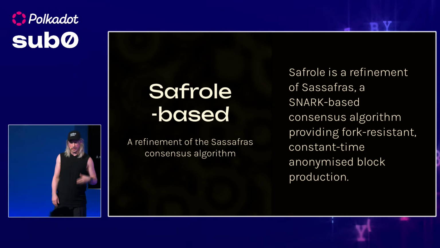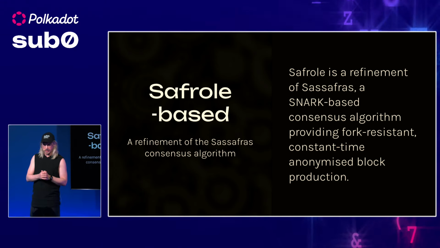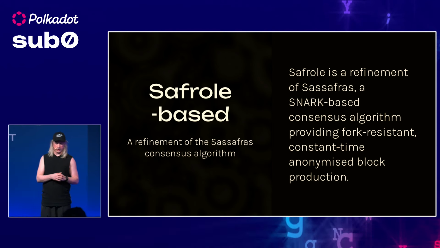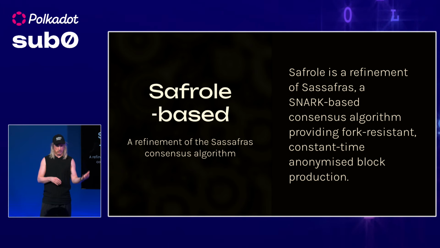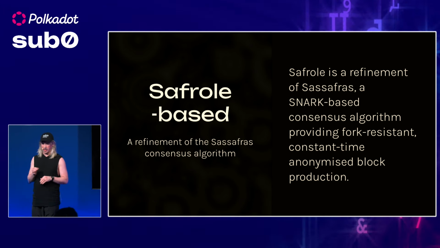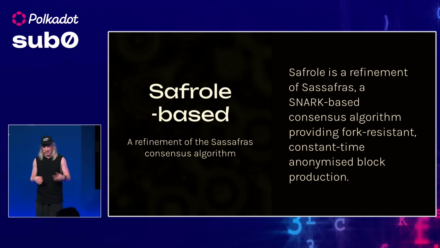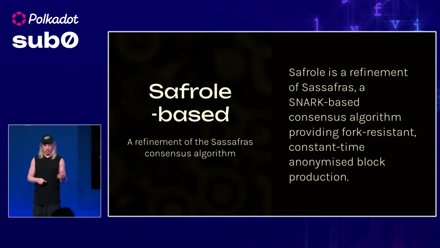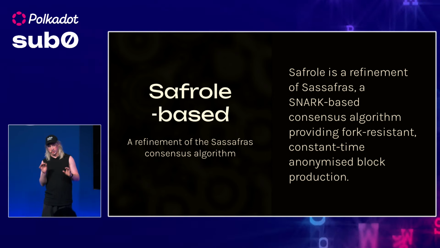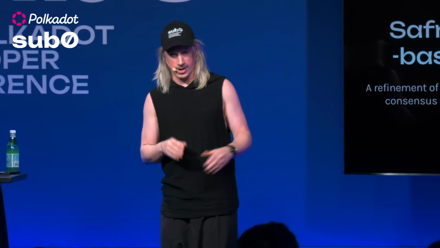For those who don't know, it's a snark-based consensus algorithm, a snark-based block production algorithm specifically. It uses snark specifically for their anonymity features, and it delivers constant time block production, almost entirely fork-free. There's a couple of instances where forks could possibly arise. They basically only happen when there's a net split or someone's being intentionally malicious. But in all likelihood, unless there is something really crazy happening, SAFR will be fork-free.